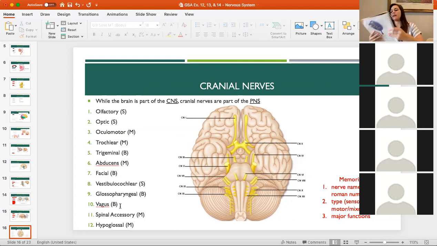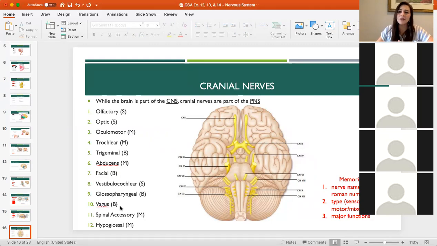In your lab manual, you have this awesome little chart right here where it tells you all that information, really good stuff. Normally on your practical, you would just get a whole entire blank chart and you'd have to fill everything in, and that would be a chunk of points.